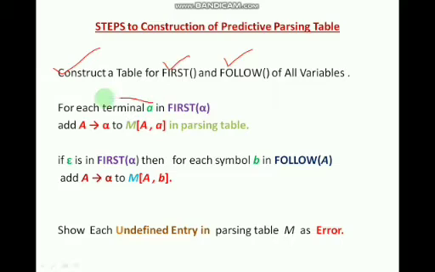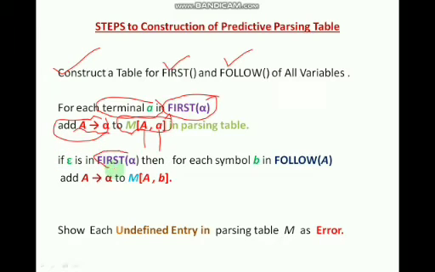Second, for each terminal A in first of alpha, for such a production rule, you need to fill the entry A producing alpha at this location in the parsing table, where this is the row and this is the column. Second, if first of alpha contains epsilon, in that case for each terminal B in follow of A, you need to fill the entry A producing alpha at this location in the predictive parsing table, where this is the row and this is the column.